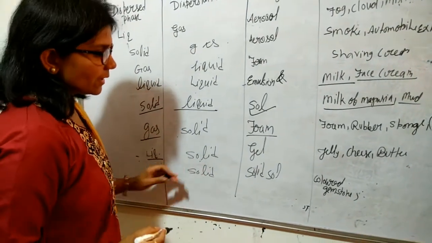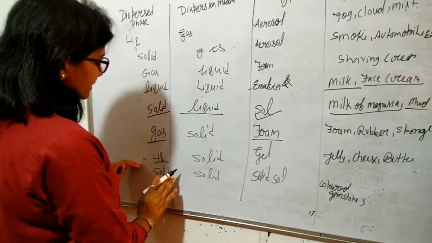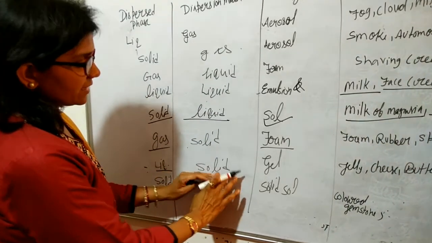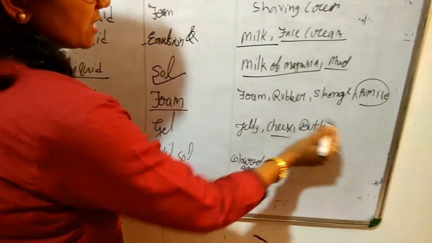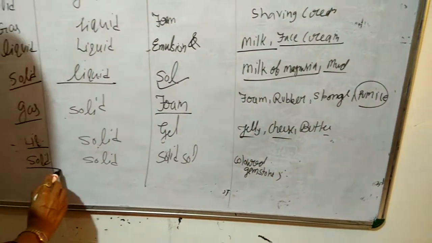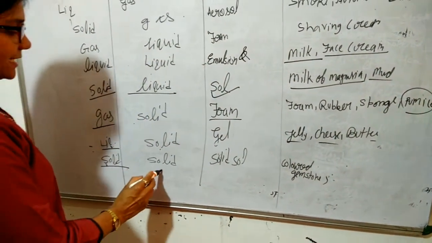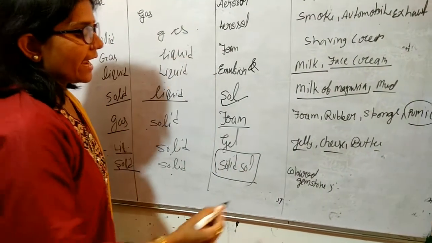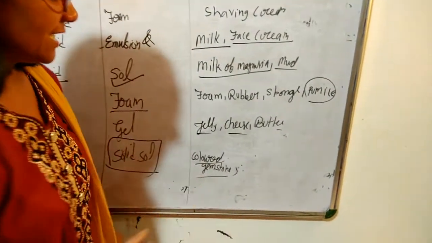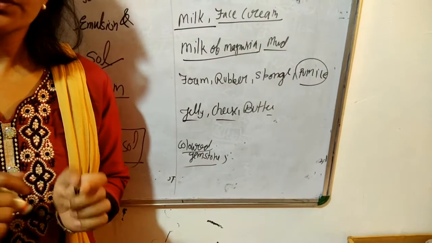Then liquid in solid, where the dispersed phase is liquid and the dispersion medium is solid, is known as gel. The best examples are cheese, butter, jelly. Last, solid in solid is known as solid sol, and the best example is colored gemstones.